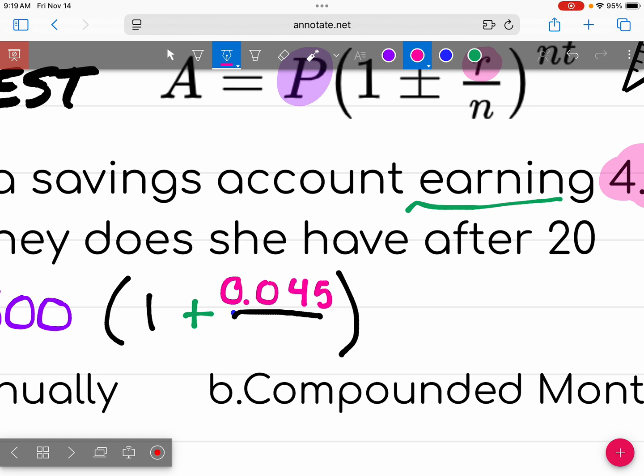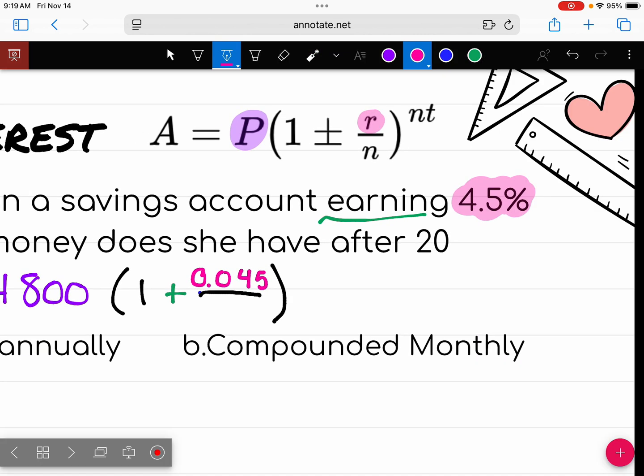When in doubt, we take percent per 100, so we go 10, 100, two decimal places. Divide by 100, yeah, 4.5 divided by 100. It's where the name percent comes from. It's per century, per 100.